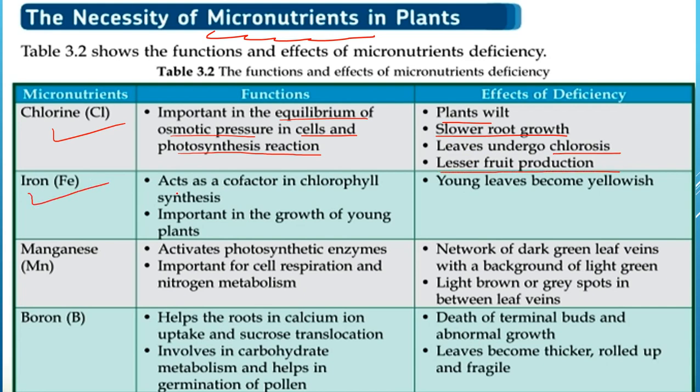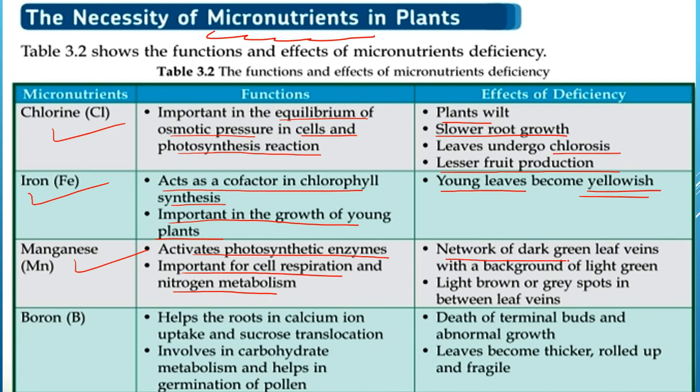Second one, iron, acts as a cofactor in chlorophyll synthesis, and it is also important in the growth of young plants. Deficiency: young leaves will become yellowish. Next one, manganese. It will activate the photosynthetic enzyme, and is important for cell respiration and nitrogen metabolism.